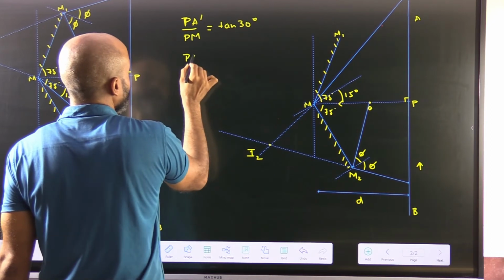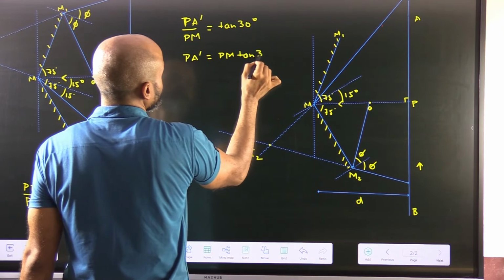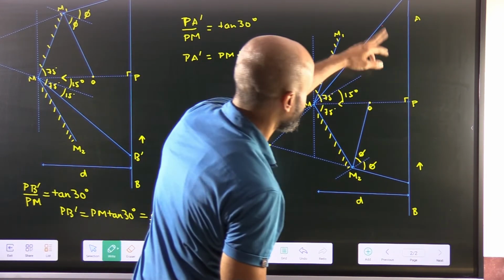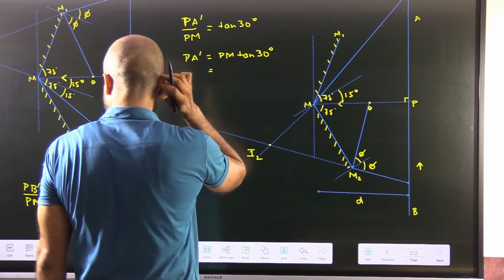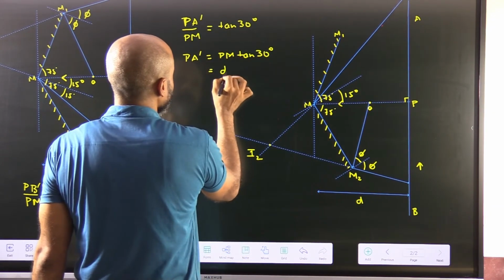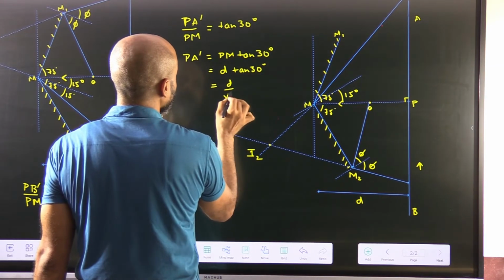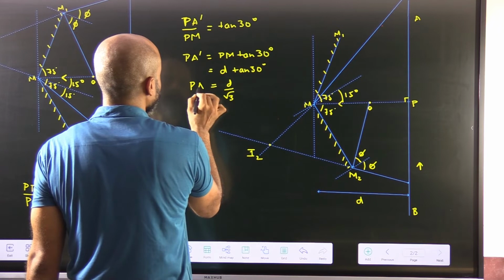So PA dash will be equal to PM tan 30 degrees, where PM is basically D, so D tan 30, that will be D by under root 3. So PA dash is this much.